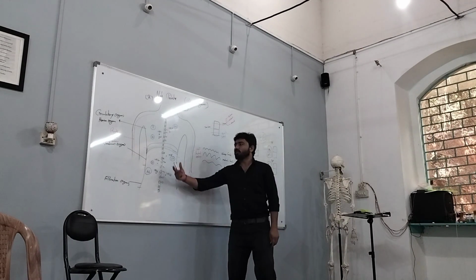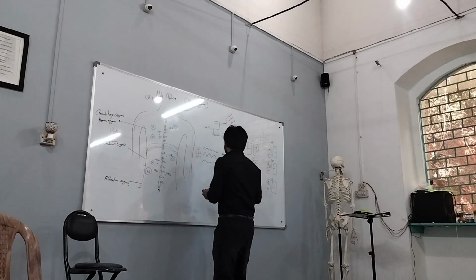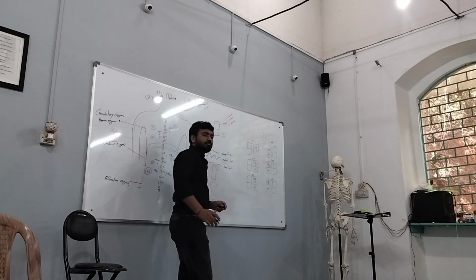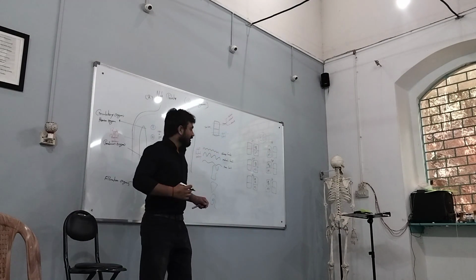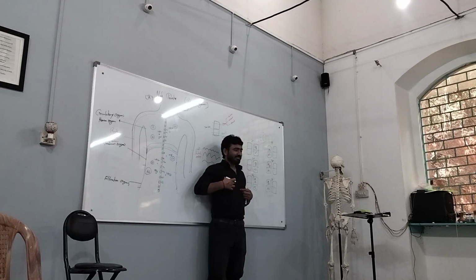So whenever we are targeting these points, for example, this is your lungs, this is your liver, this is your kidney. If you see the real human anatomy, the organs are like this, right? Not exactly in the center. This is your lungs, exactly below the lungs your liver, exactly below the liver your kidney.